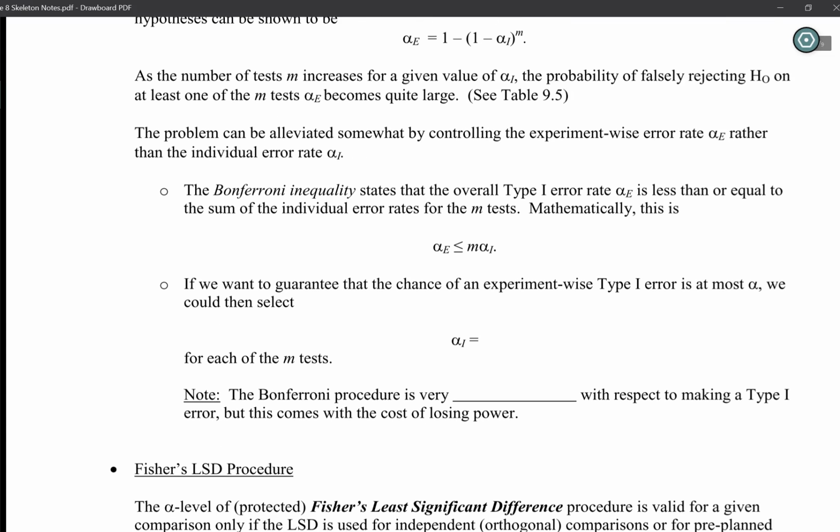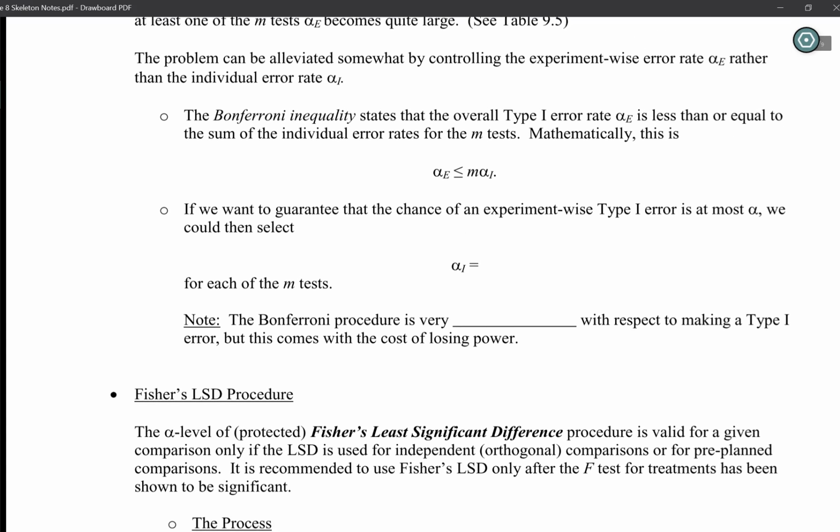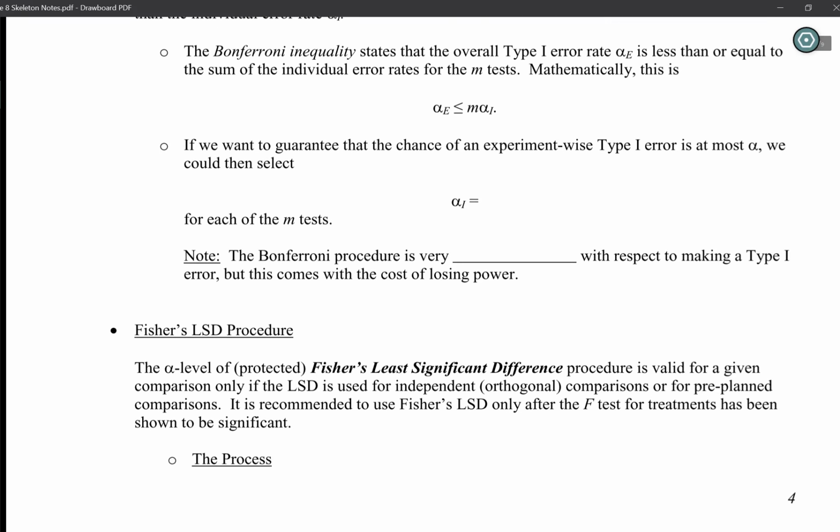One approach is to use what's called the Bonferroni inequality. The Bonferroni inequality states that the overall error rate, alpha E, is less than or equal to the sum of the error rates for the m tests.